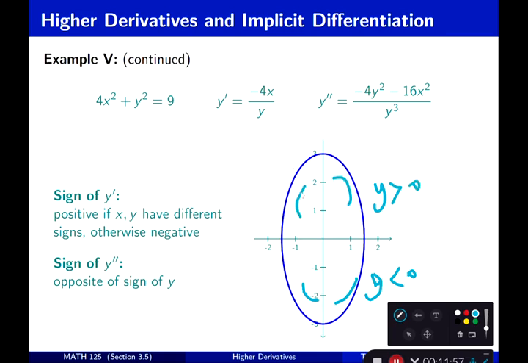Other things to notice, and it's interesting, if x and y are of the same sign, then y prime is going to be negative, therefore the function is decreasing. If they are not the same sign, the function is increasing.